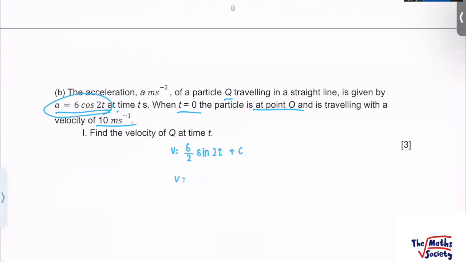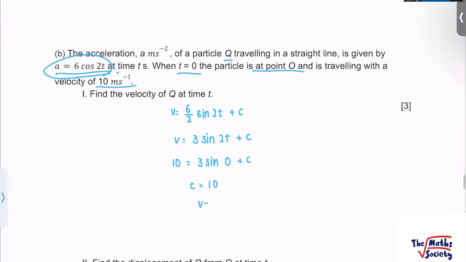So v is going to equal 3 sine 2t plus C. So v is going to be 10, right? So that's 3 sine 0 plus C. C equals 10. So v is going to equal 3 sine 2t plus 10.